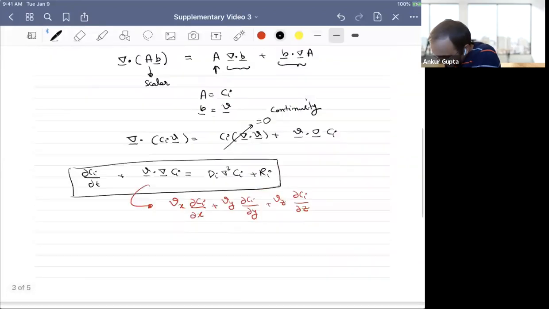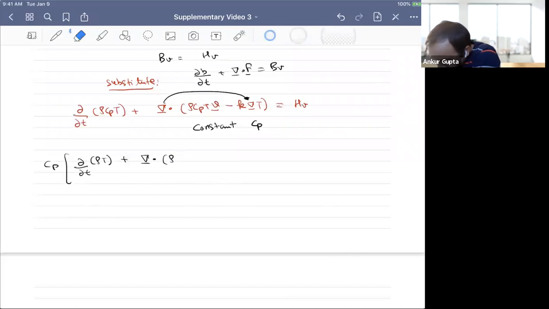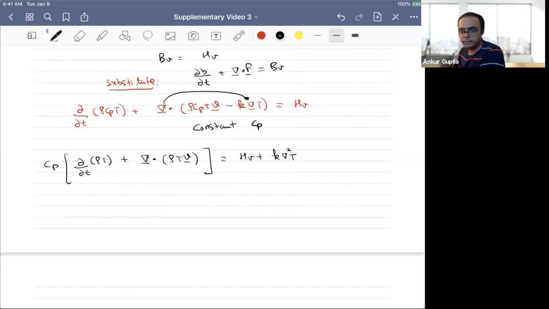So I'll directly write this as Cp times (∂/∂t of rho T plus del dot (rho T V)) is equal to HV plus K del square T. So what have I done there?